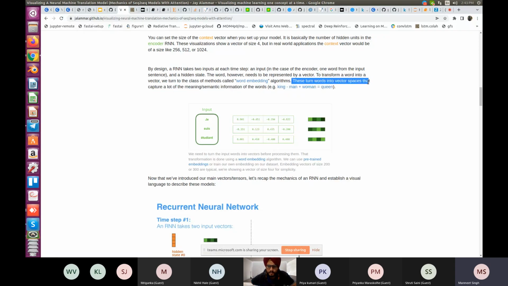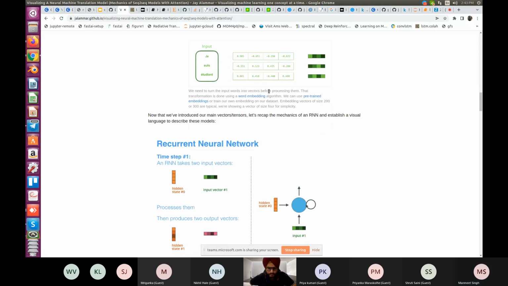These turn words into vector spaces that capture a lot of meaning or semantic information of the words. For example, king minus man plus woman equals queen. So these are the word embeddings for the French language. French will have a different set of vocabulary. English will have its own set of vocabulary.